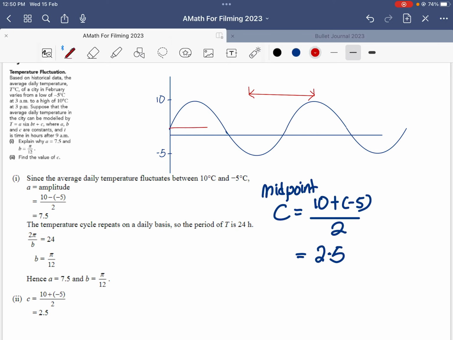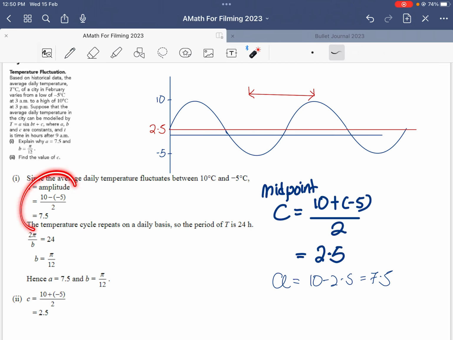So actually, what you can say is that this line here is equal to 2.5. Therefore, my A value is a displacement from the midline. So my A value is equal to 10 minus 2.5, it is 7.5. But if you present your working as max minus min divided by 2, you get 7.5.